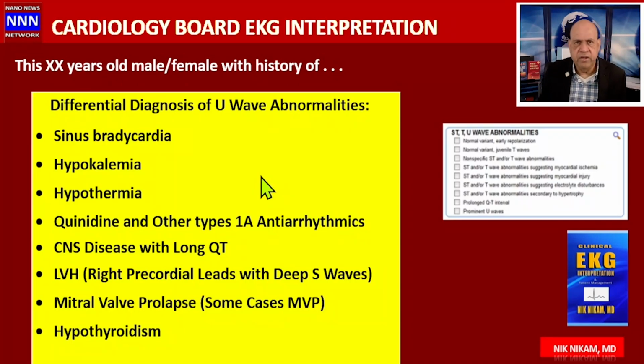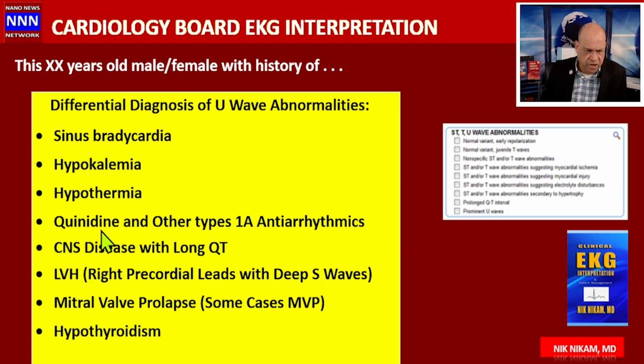And here's a chart that shows various conditions that can give rise to prominent U waves. Sinus bradycardia can give rise to prominent U waves. Hypokalemia is an important condition where we can see higher U waves.